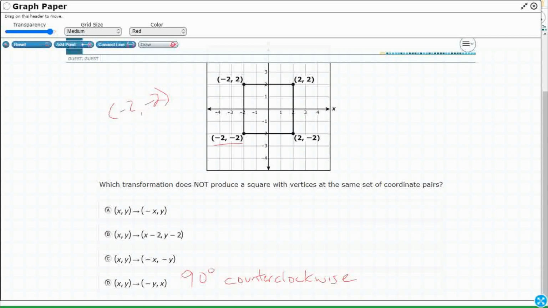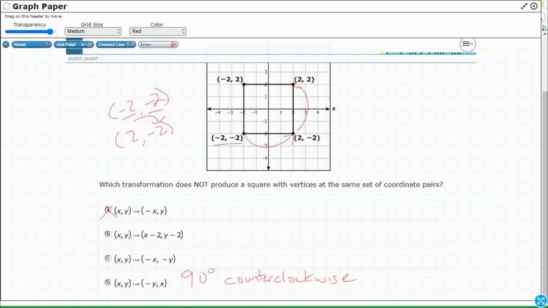What we do is we take our y and make that our new x, and we make it a negative. So that's 2. And then we just move our x from the front to the back. That's our new y, negative 2. This goes from negative 2, negative 2 to 2, negative 2. It's just rotating 90 degrees counterclockwise. Everything's just going to shift over like that. So that's going to maintain the same set of coordinate pairs.